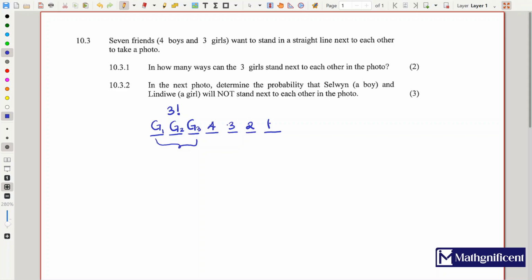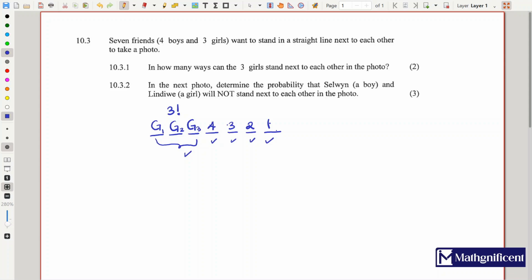But here is the thing, just because I want to treat these girls as a group, or as an item, how many items am I going to have? In total I'm going to have 1, 2, 3, 4, 5, meaning that I have 5 items in total, right?